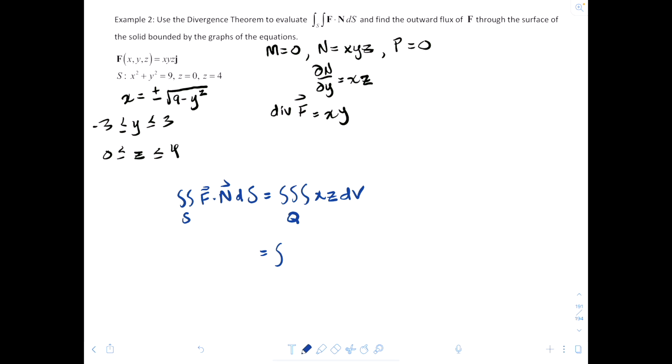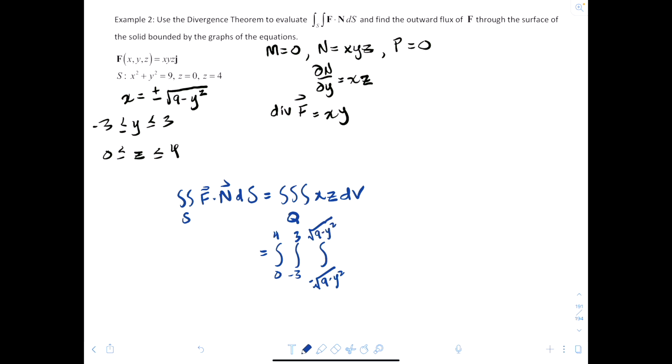Well, that's going to be the integral from 0 to 4, negative 3 to 3, and then this one will be negative root 9 minus y squared to positive root 9 minus y squared.